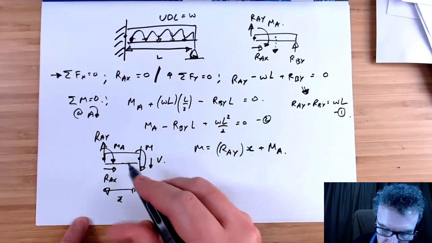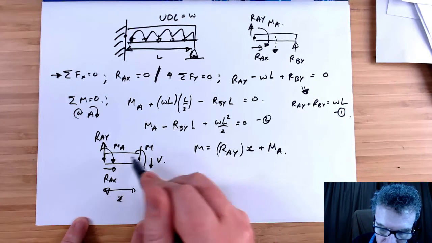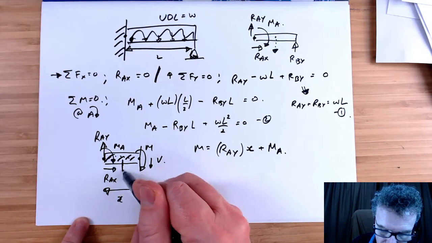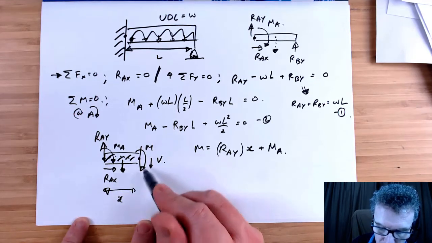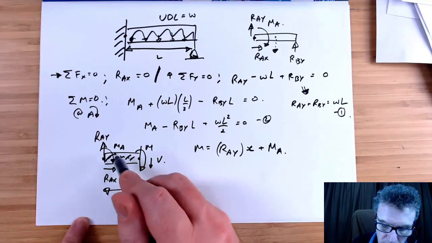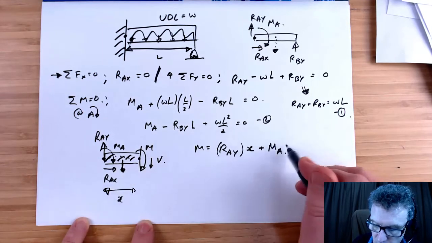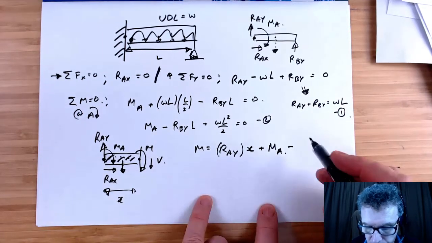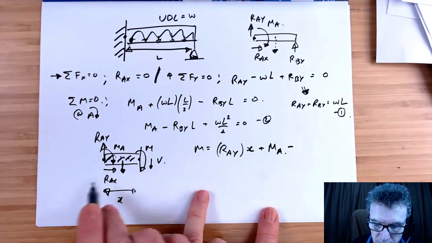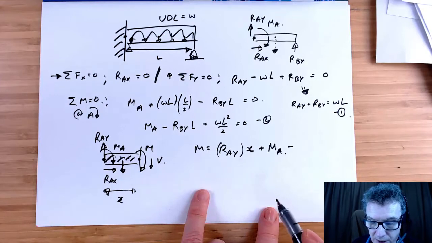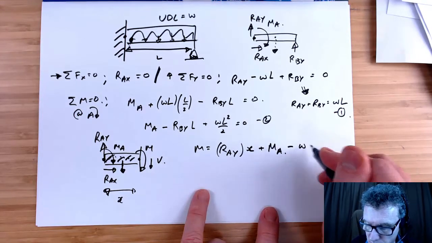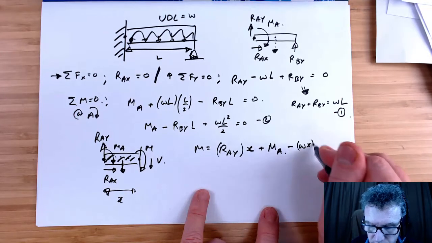The thing I've forgotten, of course, is the UDL itself. So the UDL, that's going this way. We have gone for clockwise, so that's minus. What's the length of the UDL that we're looking at? So this particular section we're looking at x amount of UDL, so little w times x is the weight.